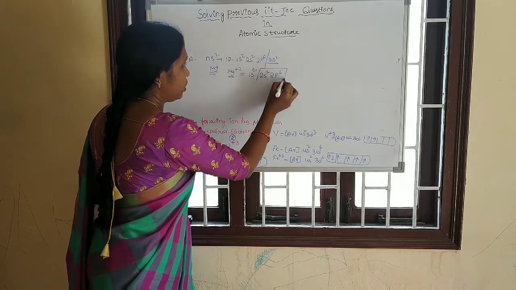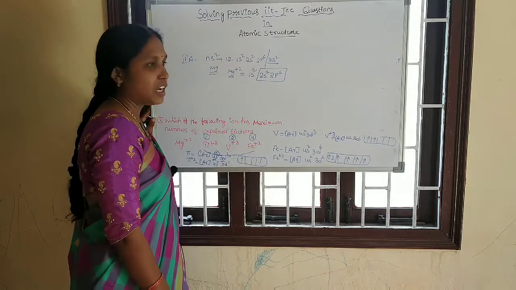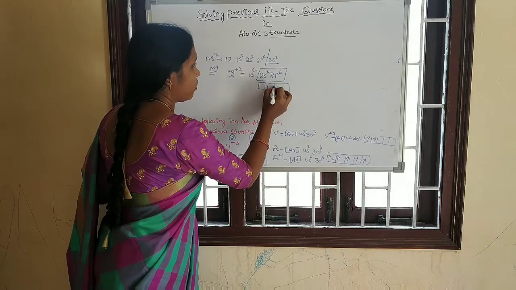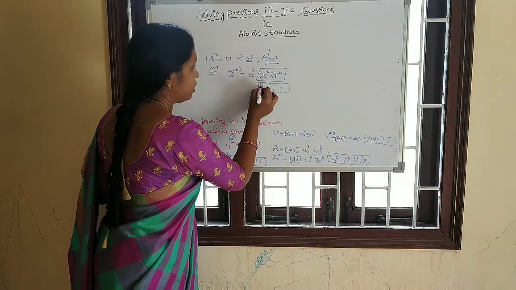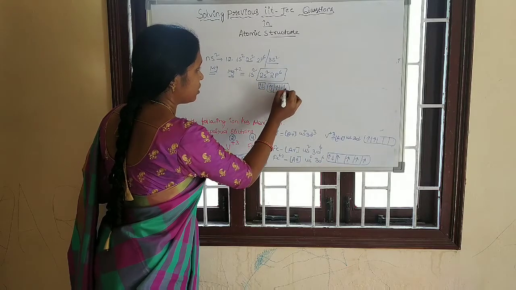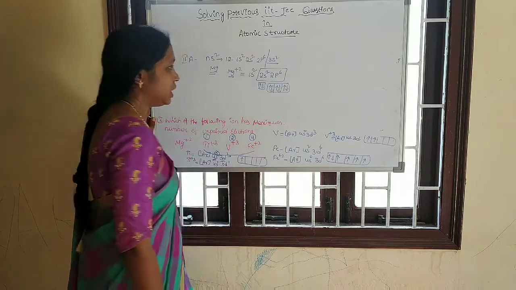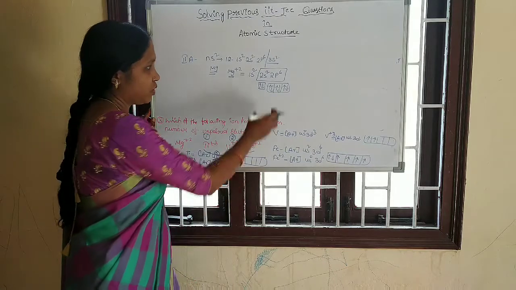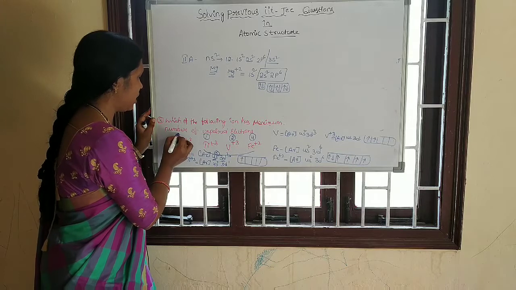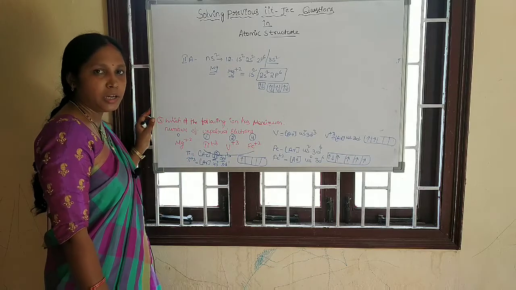Here 2s2, 2p6 is an inert gas configuration, which is a stable configuration, and all the orbitals are completely filled with electrons. There is no unpaired electron. So Mg plus 2 has 0 unpaired electrons.